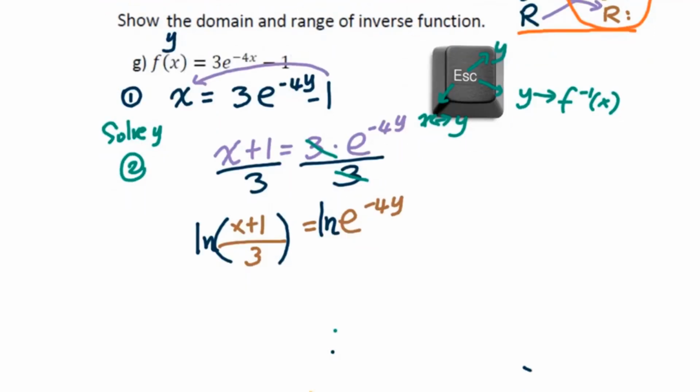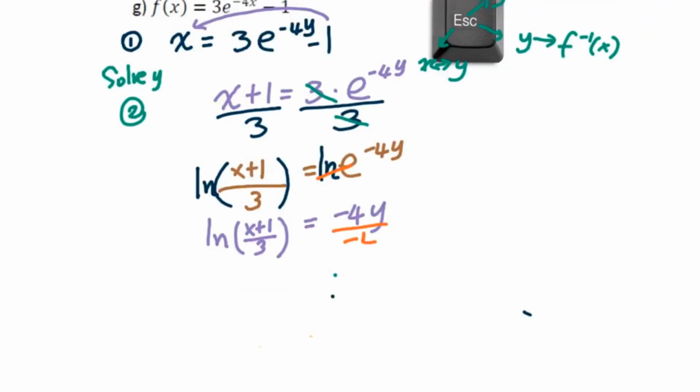For the natural log of e, we cancel. Then we get negative 4y equals the natural log of (x plus 1) over 3. Then we divide by negative 4.